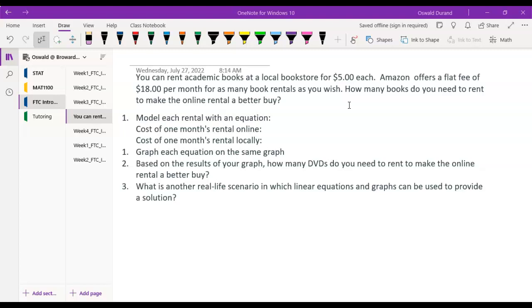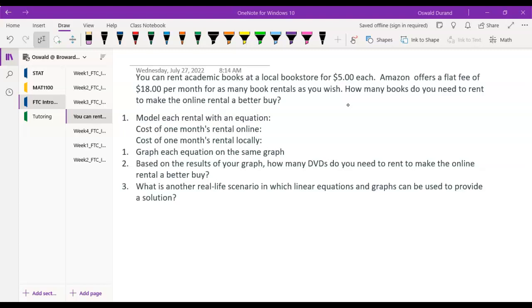Okay? So now we have to express those situations as a mathematical equation or function. So we need two equations, right? One that represents the $5 for each book that you're renting, and then one that represents the $18. So let's think about it.